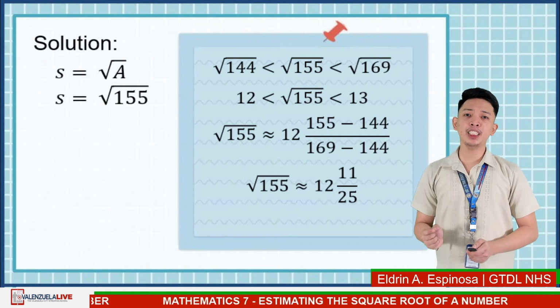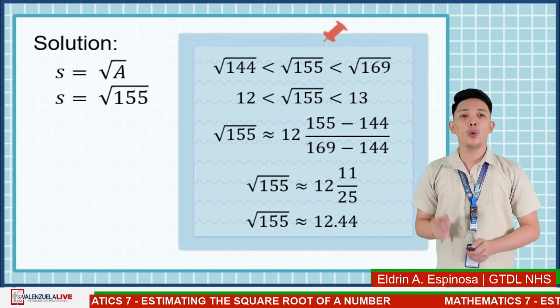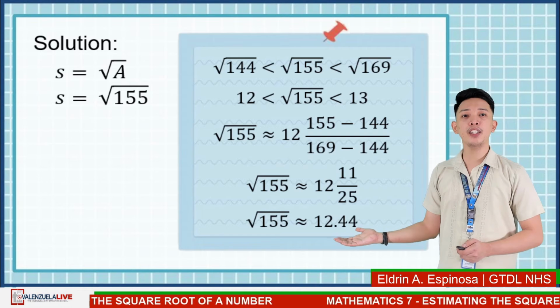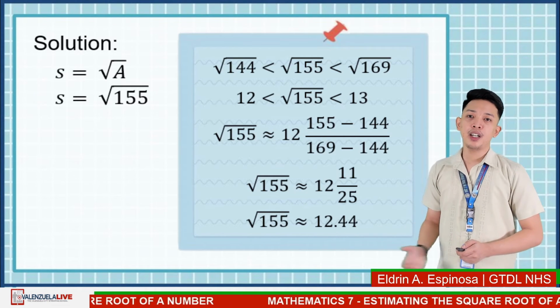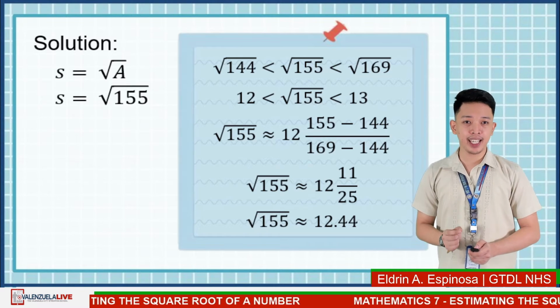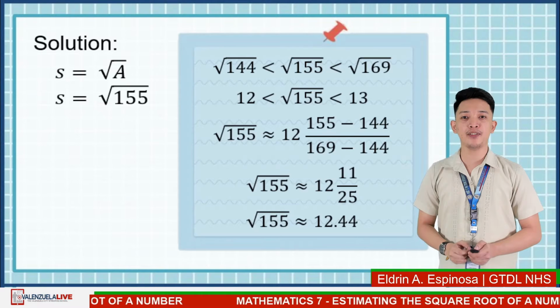And converting this value into decimals, we can say that the square root of 155 is approximately equal to 12 and 44 hundredths. But we are not yet done. We still have to check if the estimated value is already closest to 155.